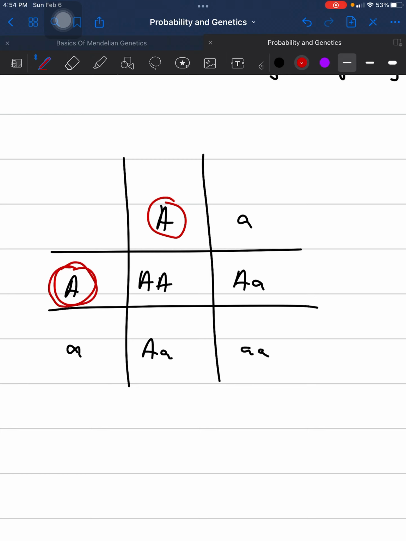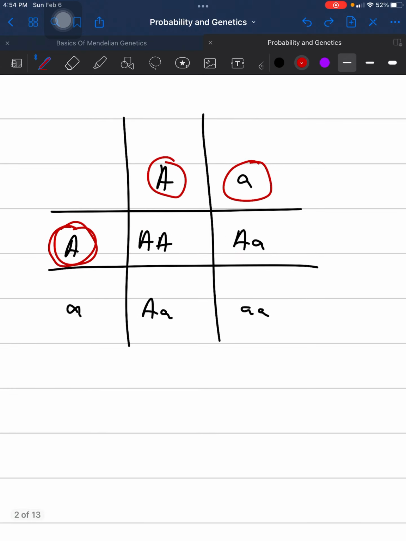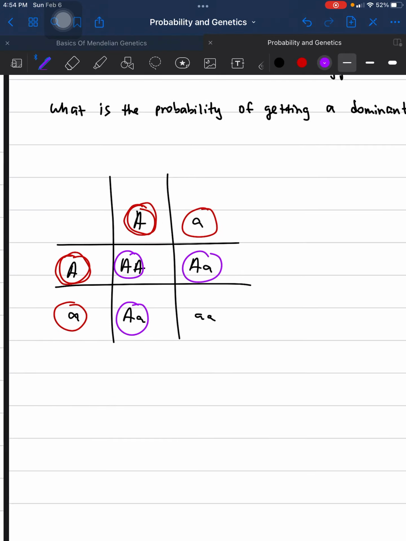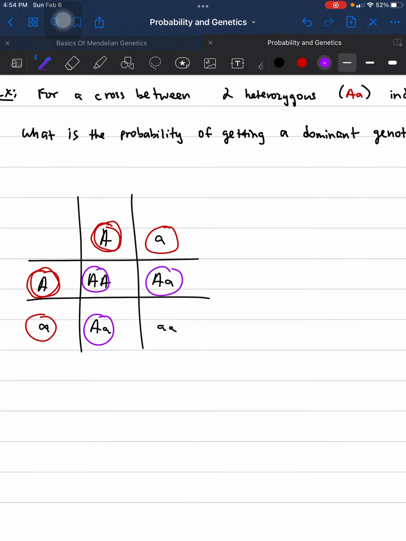Or it could be one dominant from the mother and a recessive from the father. Or it could be a dominant allele from the father and a recessive allele from the mother, giving us this offspring. So these are the three ways of getting the dominant phenotype.